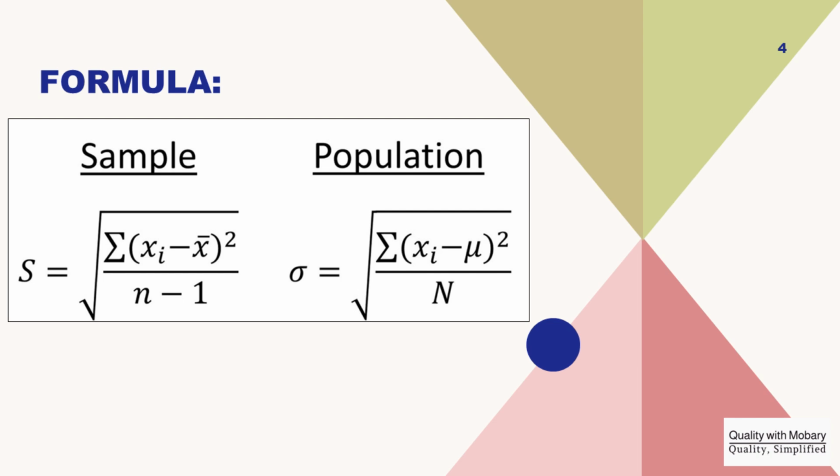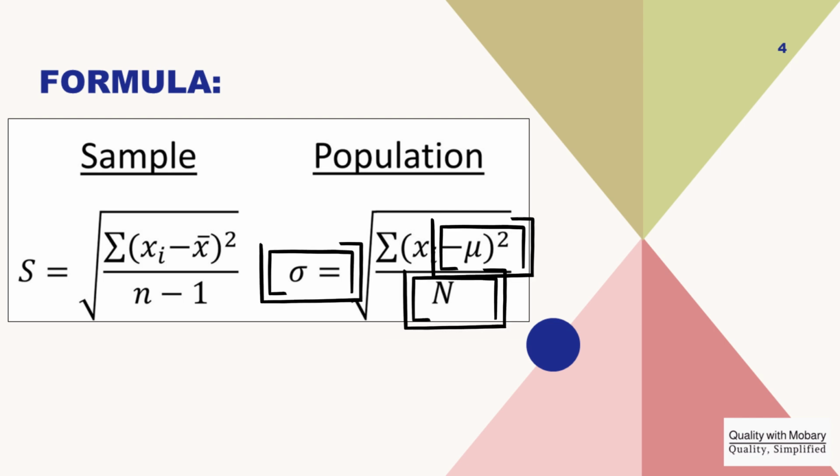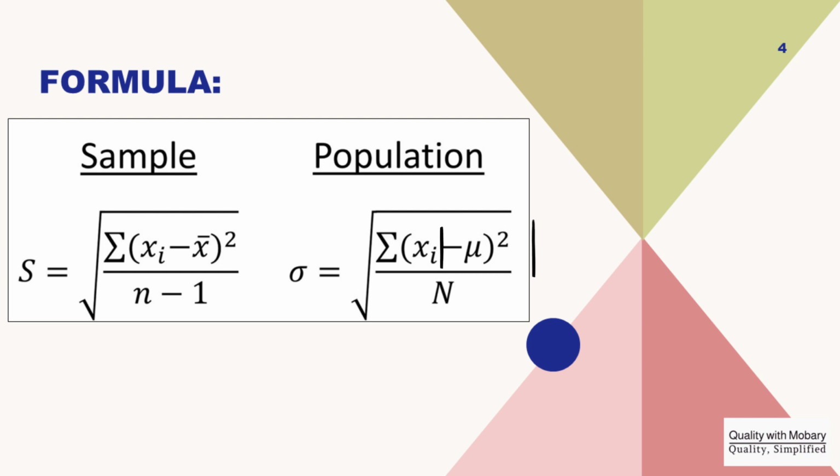Same goes for the population, but we're gonna change some symbols. Instead of an uppercase S, we're gonna use the sigma sign, right? You're gonna see the sigma sign a lot throughout your QA journey, so get used to this symbol here. This is the standard deviation, and then the equation is pretty much the same. However, instead of using x bar, we're gonna use the mu, which is the mean, right?